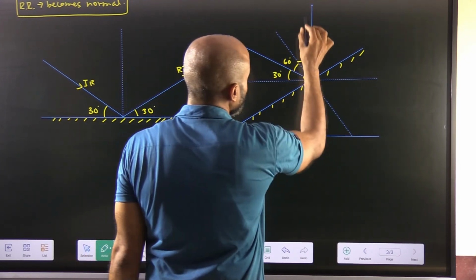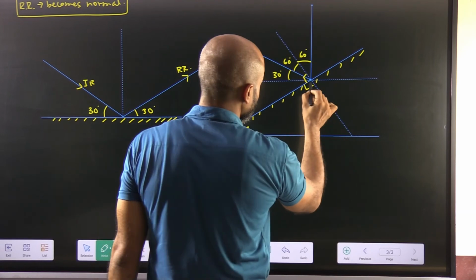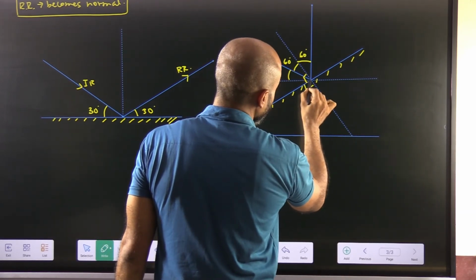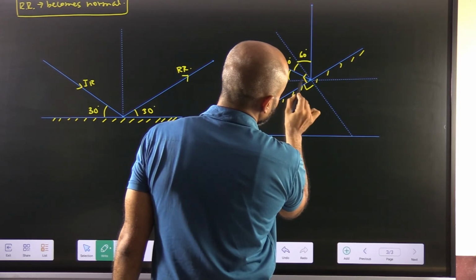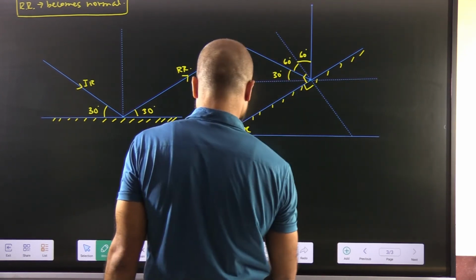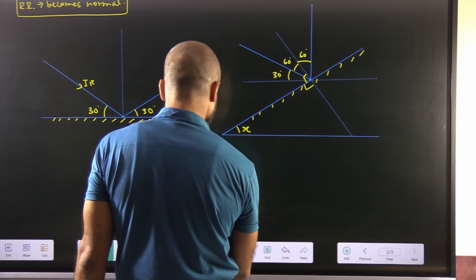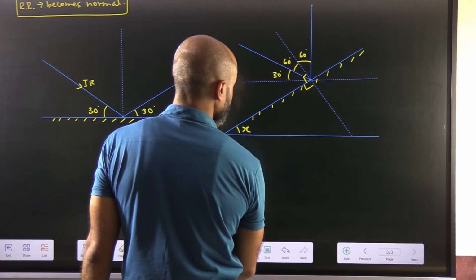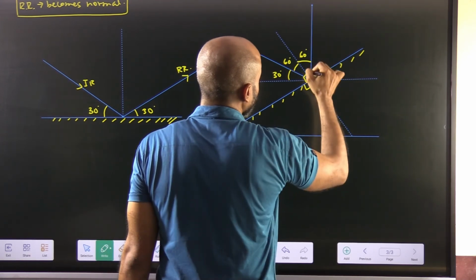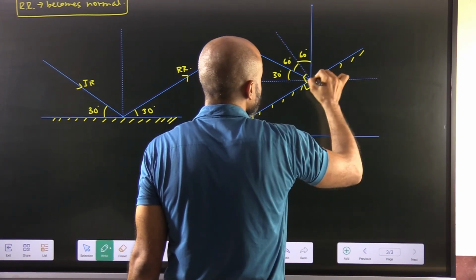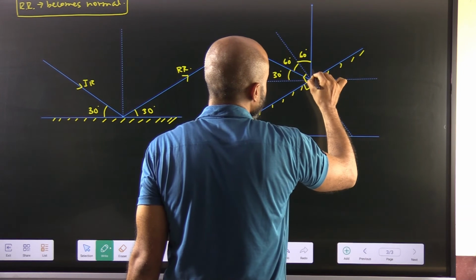If I extend this here, out of this normal, what will be the value of this angle?